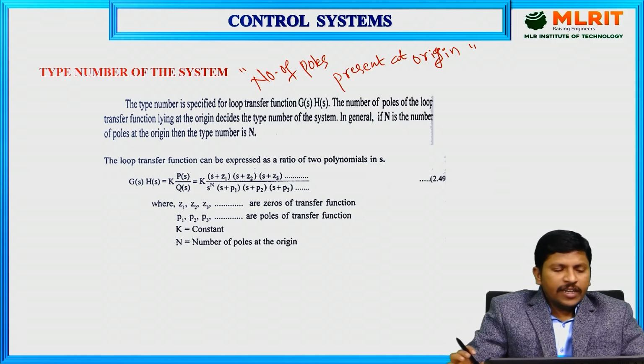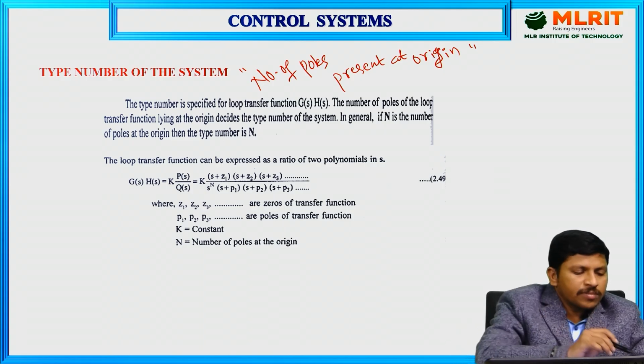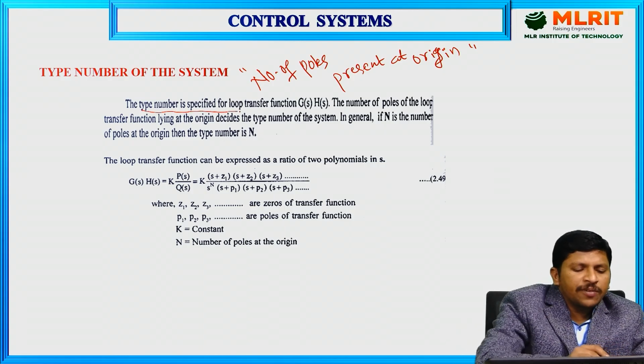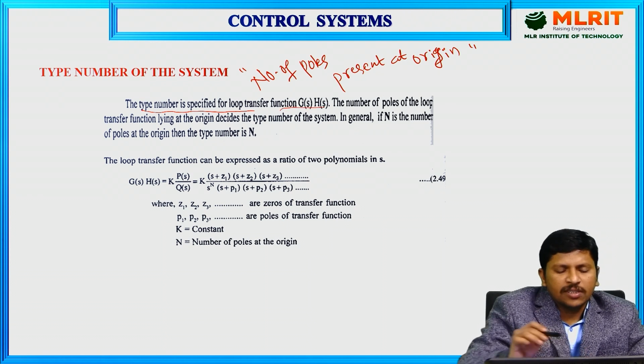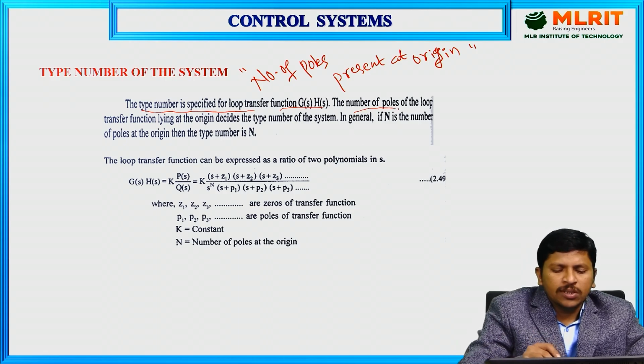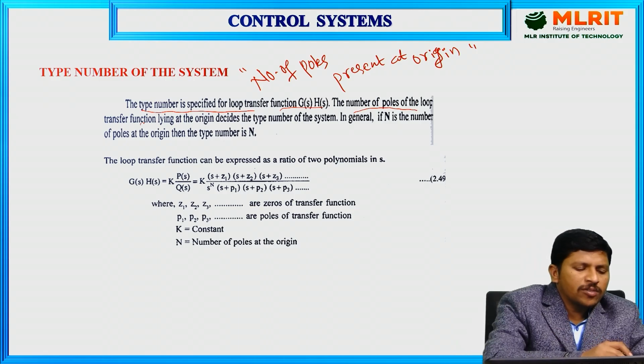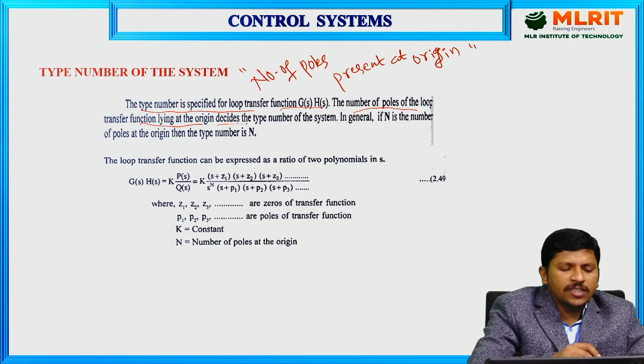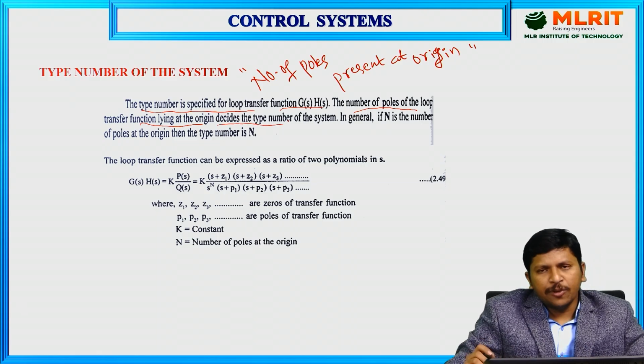Here, observe that the type number is specified for the loop transfer function, that is G(s)H(s), and the number of poles of the loop transfer function lying at the origin decides the type number of the system.